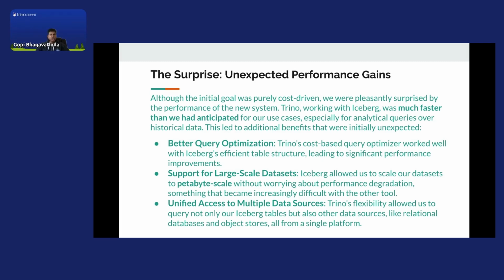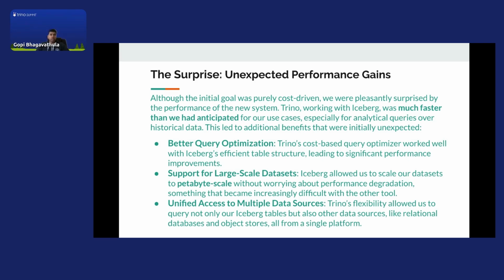Although the initial goal was purely cost driven, we were pleasantly surprised by the performance of the new system. Trino, working with Iceberg, was much faster than we had anticipated for our use cases, especially for analytical queries over historical data. This led to additional benefits that were initially unexpected.